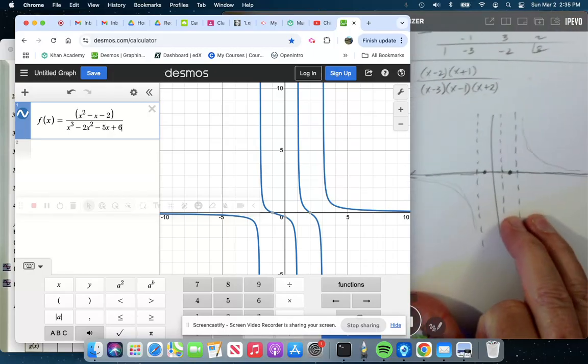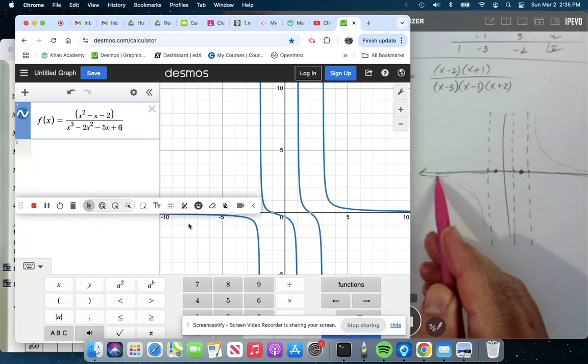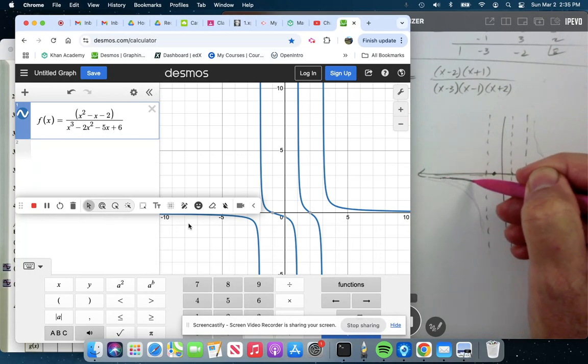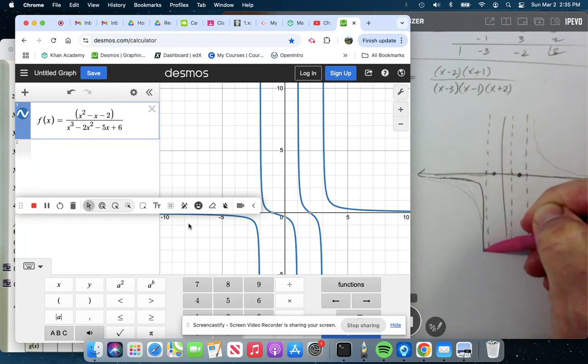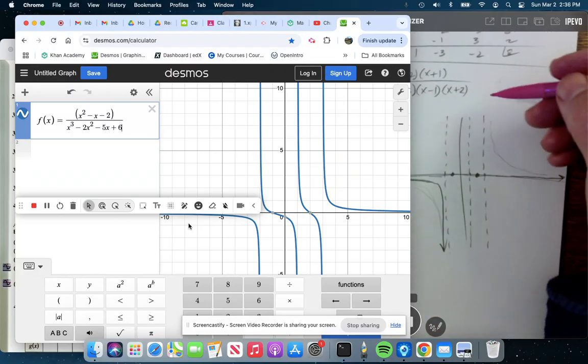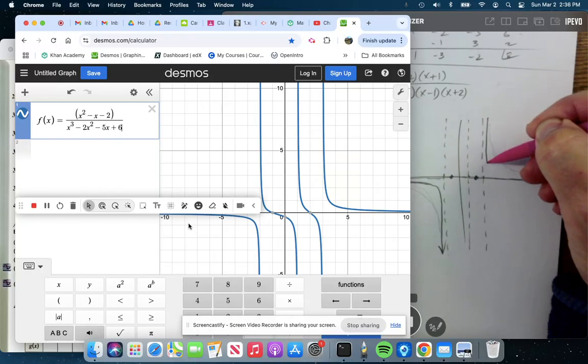So you can see that the graph does do this. It's a little sharper curve here than I drew, but it does something like this. And on the other side, it does the same thing here, just a little sharper curve.